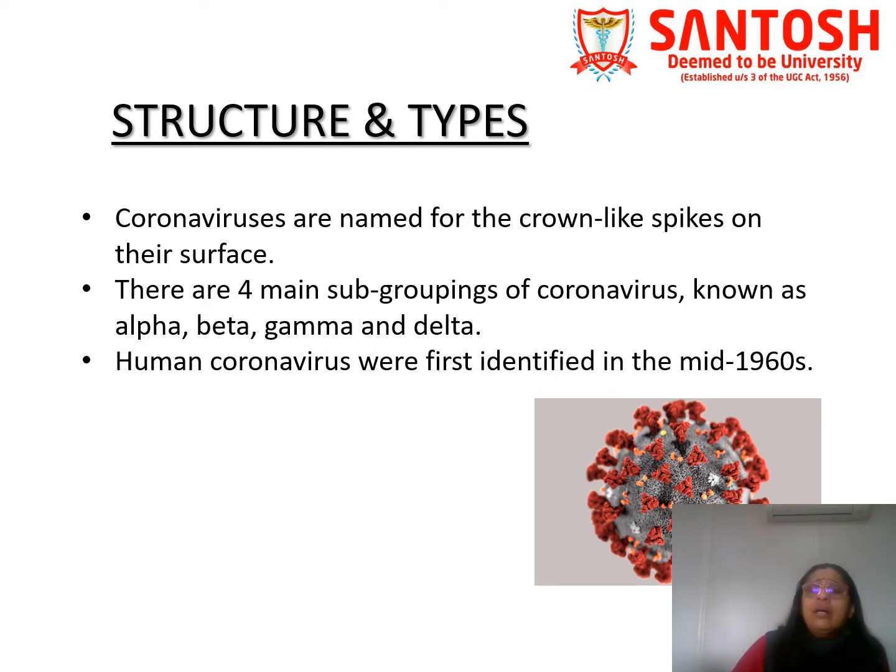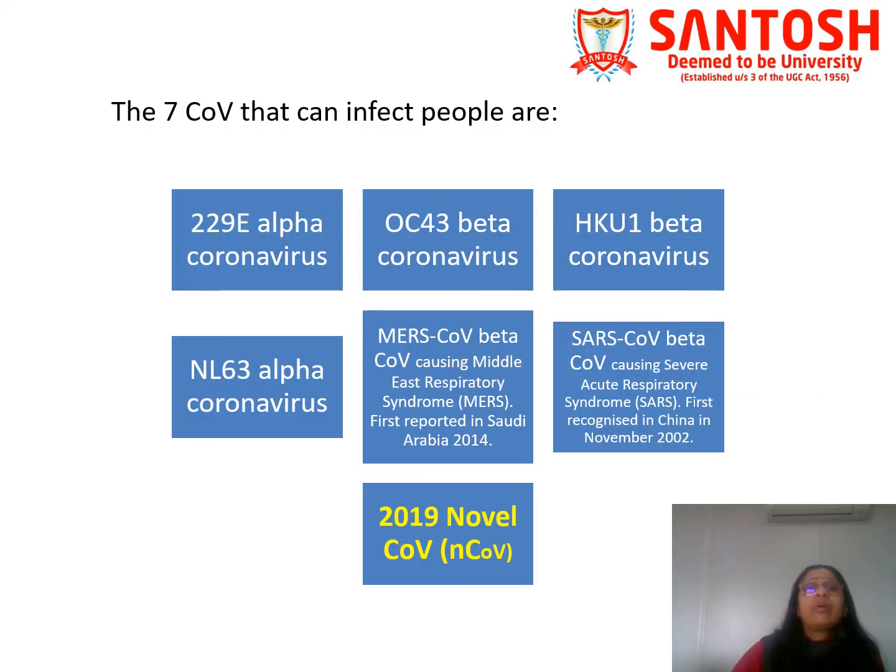And it's not that the human coronavirus is something new that was recognized only in 2019. It was first identified in the mid-1960s. But at that time, that coronavirus was not so lethal. It did not spread in such a huge way.